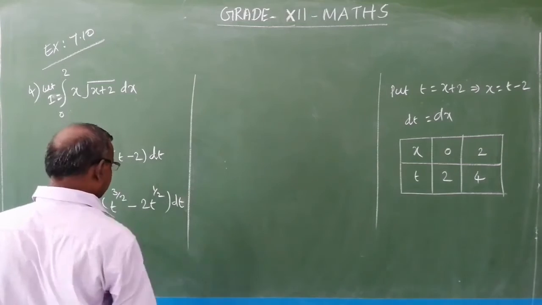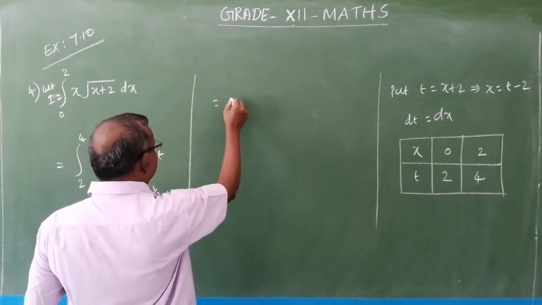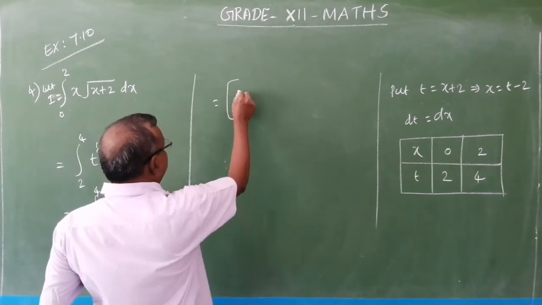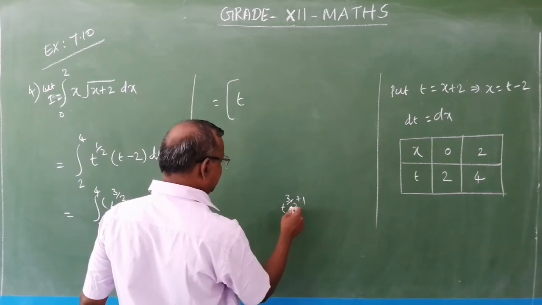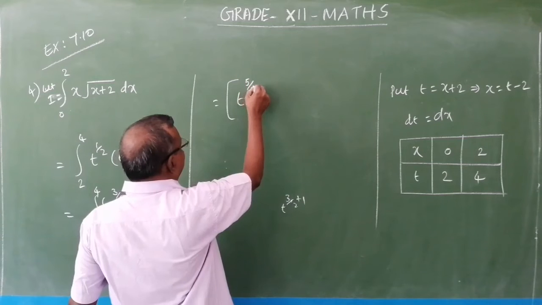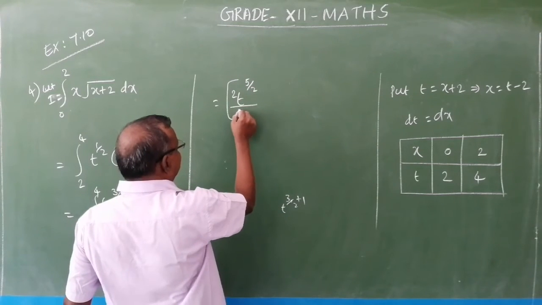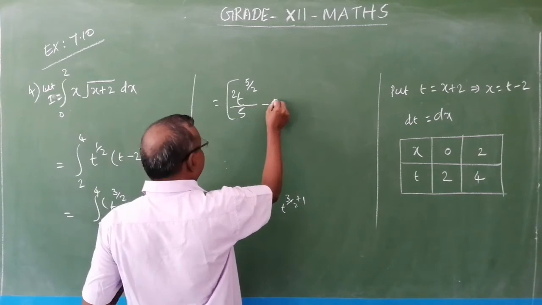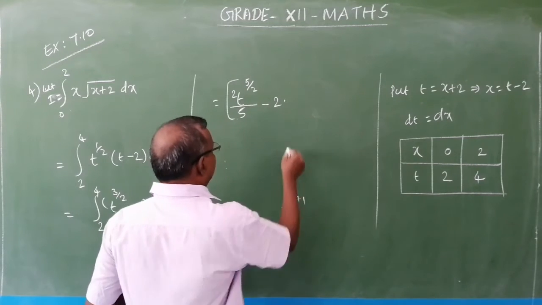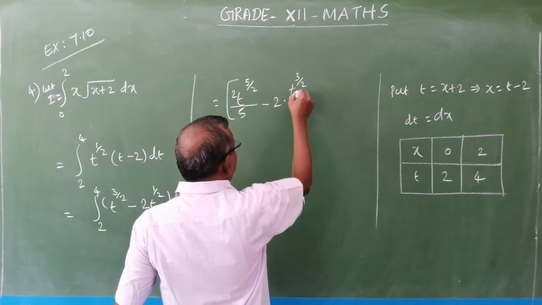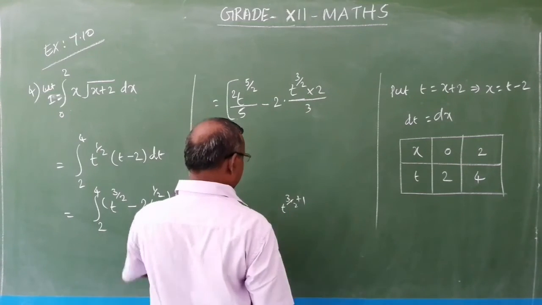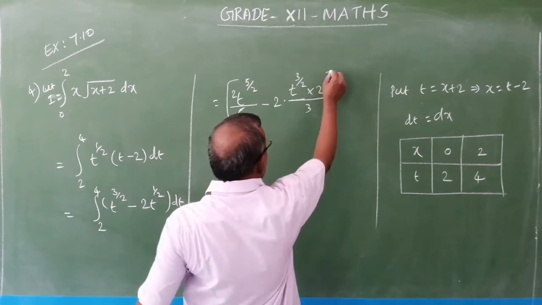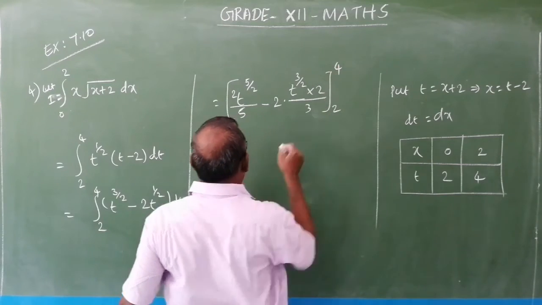Now, integrating, t power 3 by 2 plus 1 means t power 5 by 2 into 2 by 5, minus 2 into t power 1 by 2 plus 1, which is t power 3 by 2 divided by 3 by 2, that is into 2 by 3, from 2 to 4.